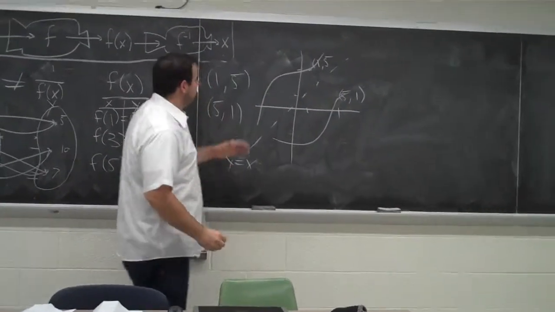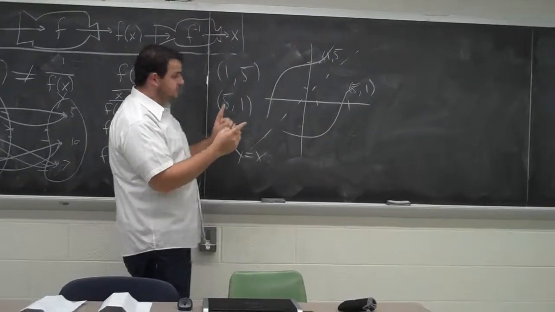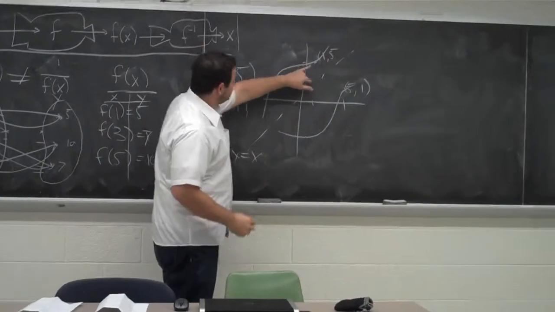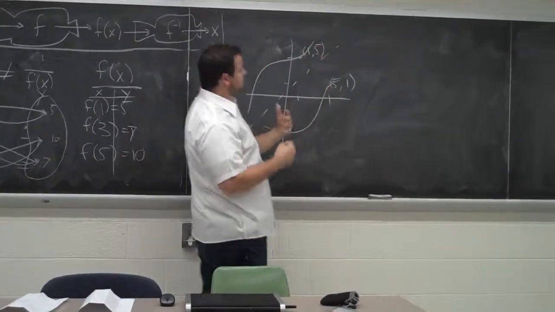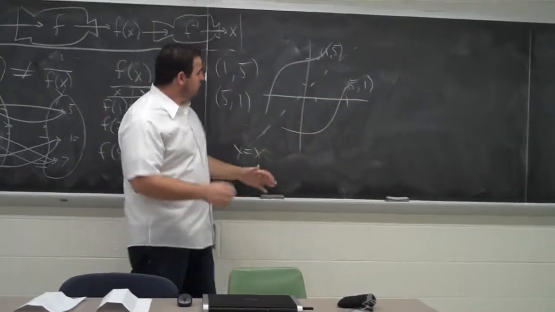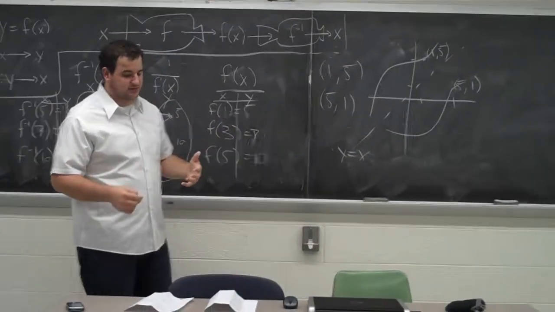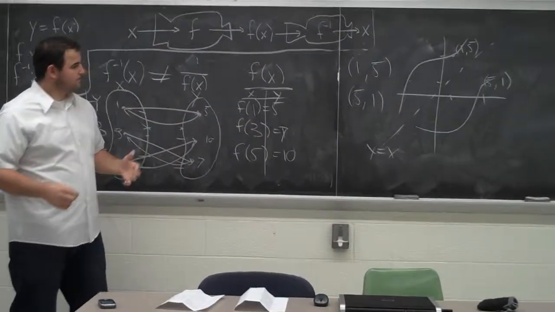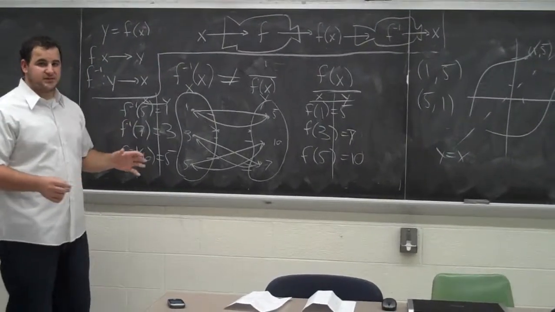And that happens because for every single point on this line, the x and the y coordinates switch. And that's what happens here. Remember, it was 1, 5, and then it goes down to 5, 1. And so we can see a little flip that happens there. And we'll get more into this in a little while, with some practice and other things like that, just to clarify everything. So this is a basic introduction to how functions and inverse functions work.